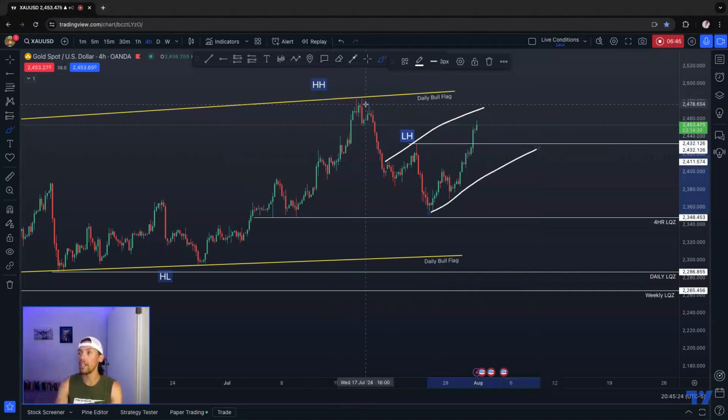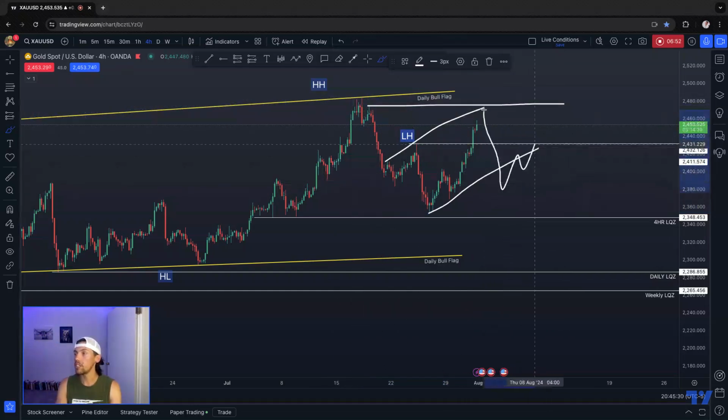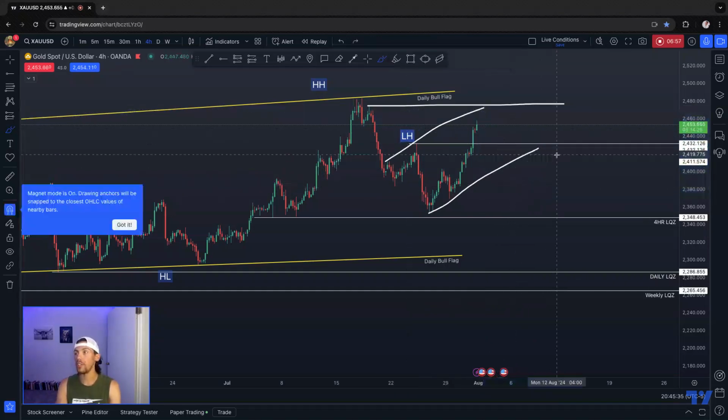It doesn't quite break these areas right here. And then we just get a rejection, giving us a new lower high, and then the market will continue down.